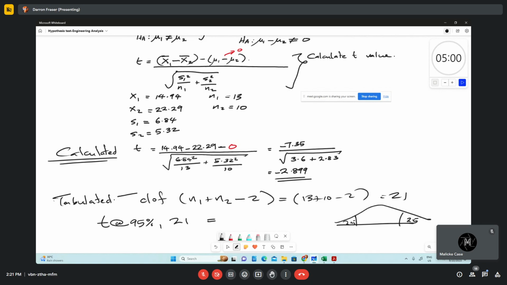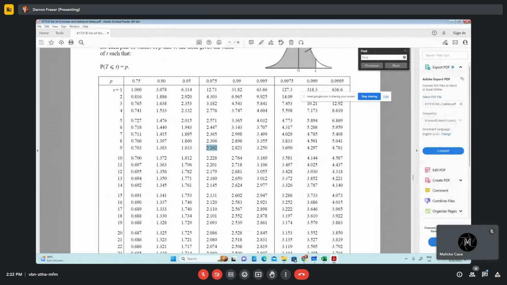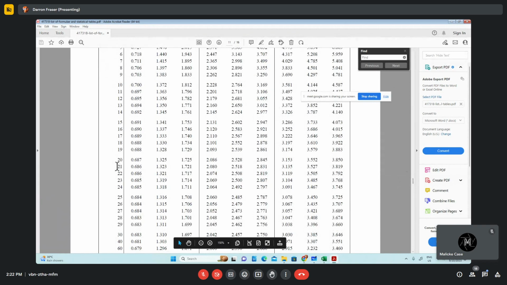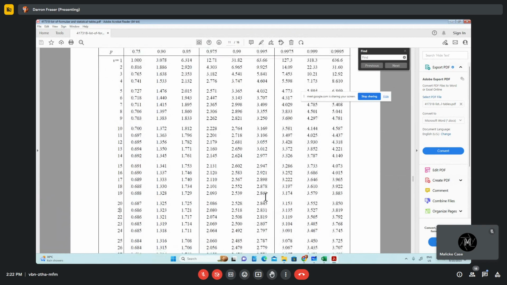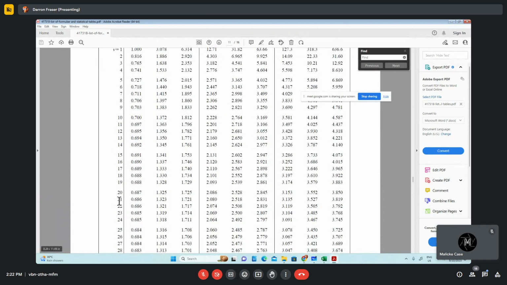So we're going to be looking at everything over here, so 0.975. And 21 is the degrees of freedom. So degrees of freedom 21, and we're looking at 0.975. This is 2.080.